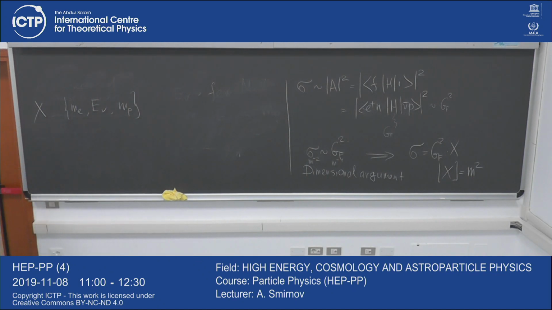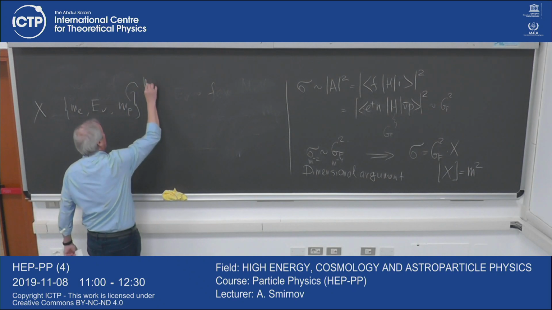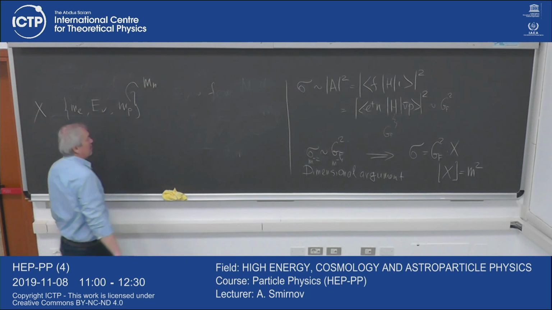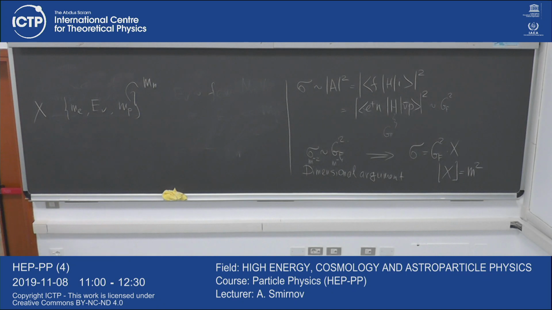So those are parameters of dimension energy. Somehow this x should be cooked out of these parameters. Why not the mass of the neutron? Yes, this is what I want to add. Also the mass of the neutron. In the first approximation you can say that they are the same.